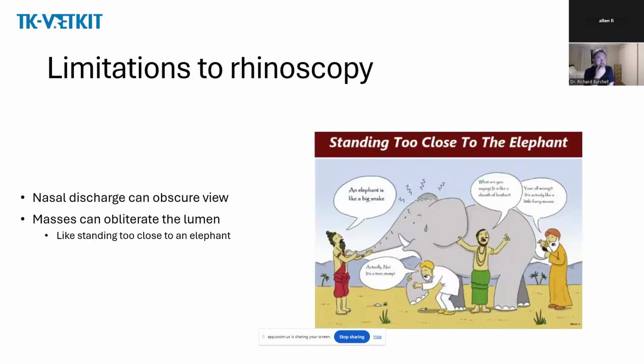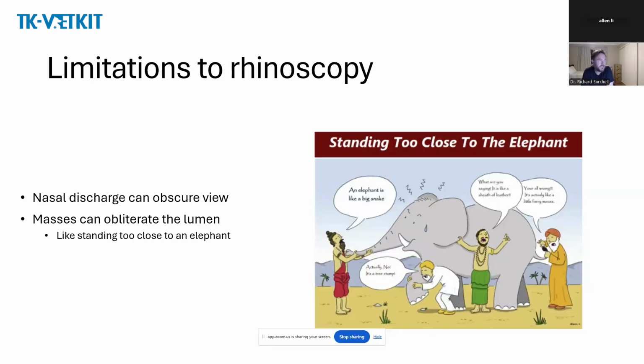So some of the major limitations are that the nasal discharge can obscure the view, which means that if you think about it, if you are swimming in your swimming pool and you're looking for a piece of jewelry on the bottom of the swimming pool, if the water's dirty, it'll be harder to find than if it's clean.